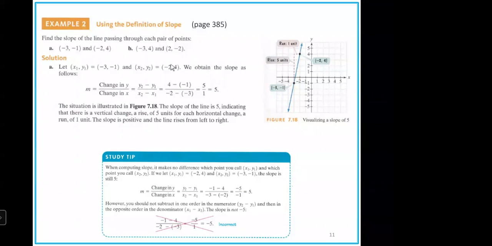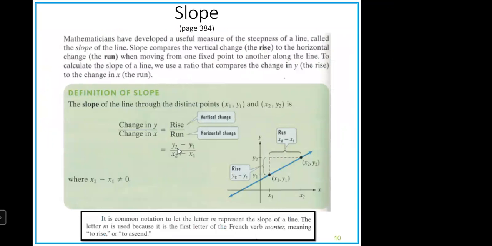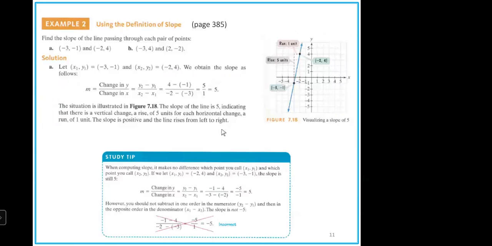So in order to get the slope, you see we have this formula here. Your second point minus your first point for the y, over your second point minus your first point for the x. That's the formula we're using.